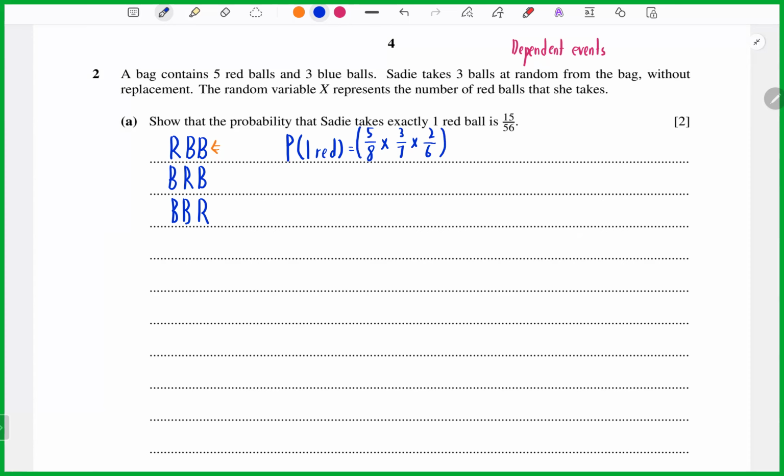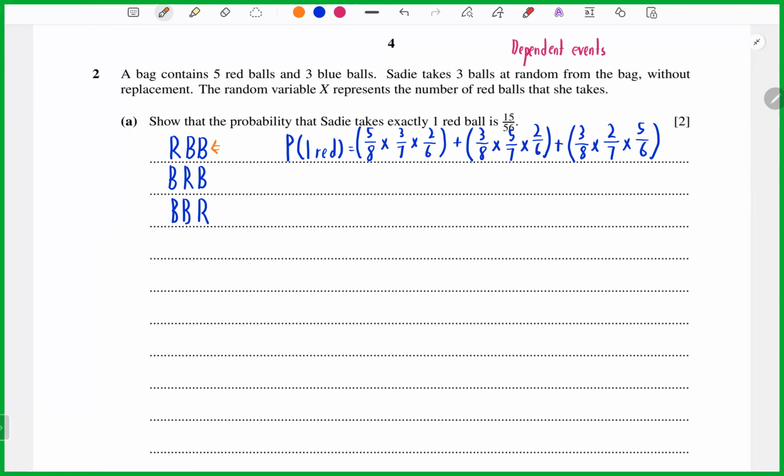This is case number 1. Plus case number 2: 3 over 8, then reduced to 7, then red is 5, multiplied by 2 over 6. Plus the blue, blue, red case: 3 over 8 multiplied by 2 over 7 multiplied by 5 over 6.